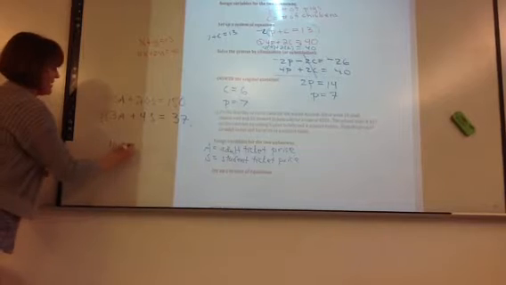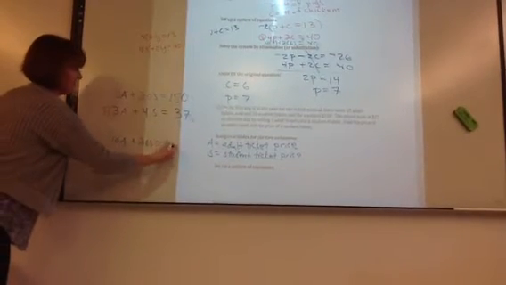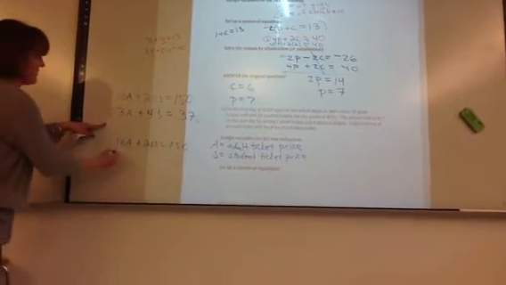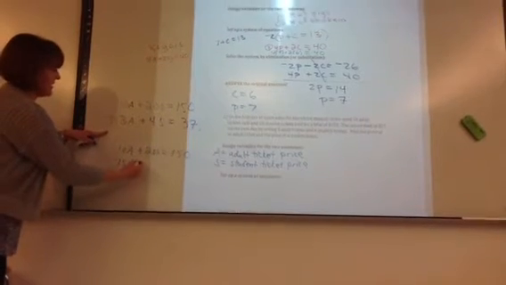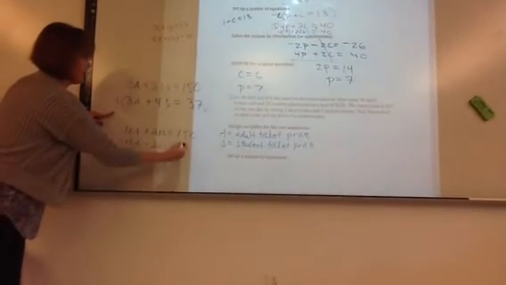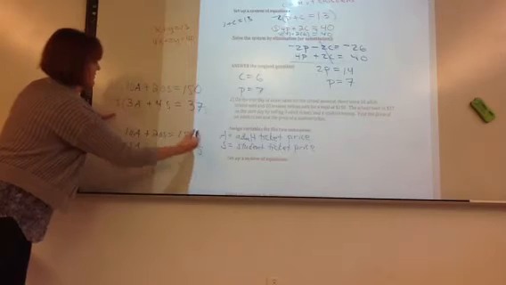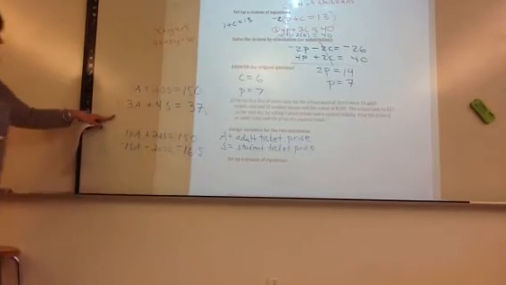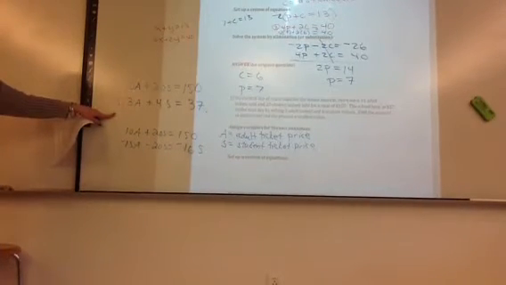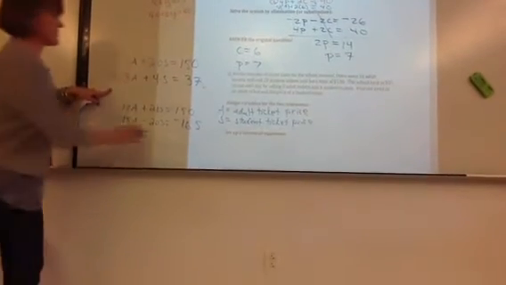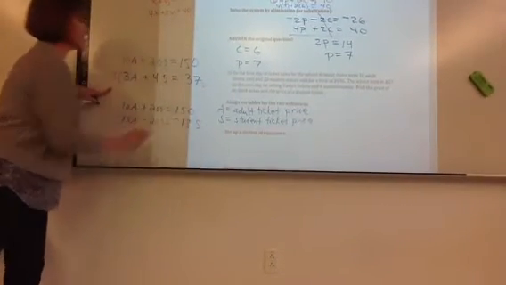So 10A plus 20S equals 150, and the second equation becomes negative 15A minus 20S, so you end up with negative 20S and positive 20S, which cancel out. Equals negative 185, I believe.